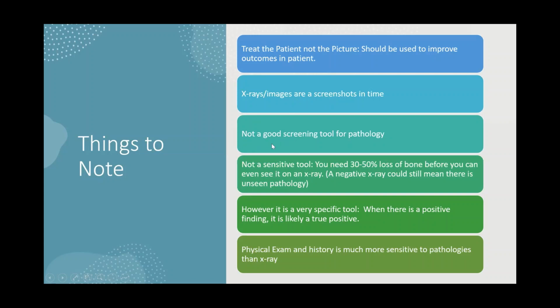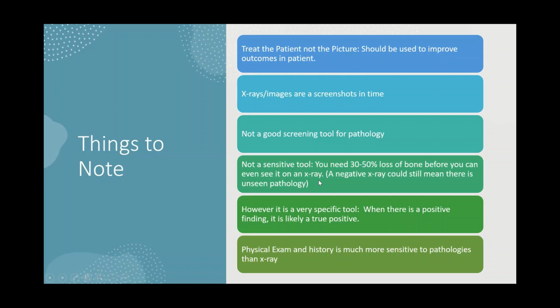X-rays in general are not a good screening tool for pathology. We're specifically talking about X-rays. And the reasoning for that is because it's not a sensitive tool. An example would be you need about 30 to 50% of bone loss, so osteoporosis, osteopenia, that type of bone loss, before you can actually see the bone loss on an X-ray.